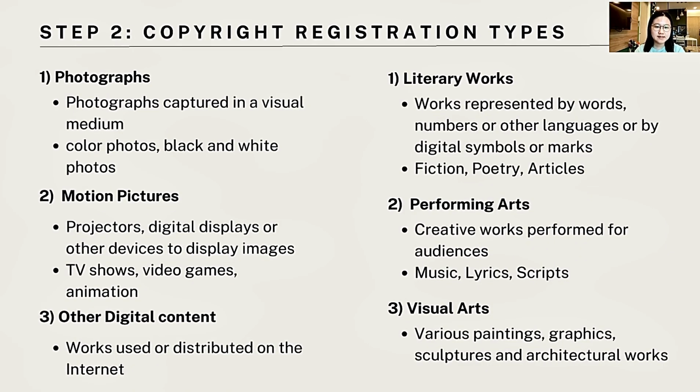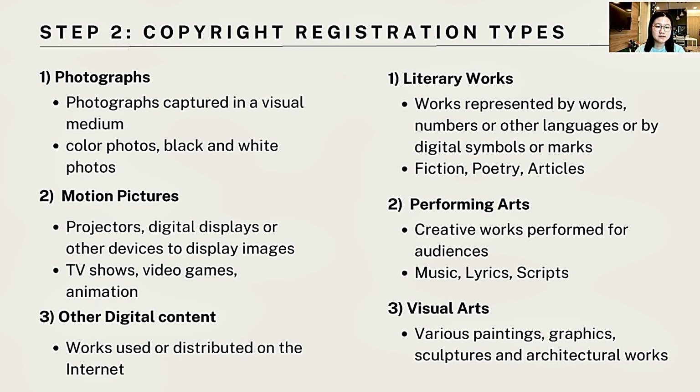In the United States, there are about 6 types of copyrights. The first is photographic works, which include new photos, selfies, family photos. The second is the motion pictures, which mainly include the movies, animations, and videos we are familiar with. The third is the other digital works, works used or distributed on the Internet, such as computer programs, databases, blogs, and so on.